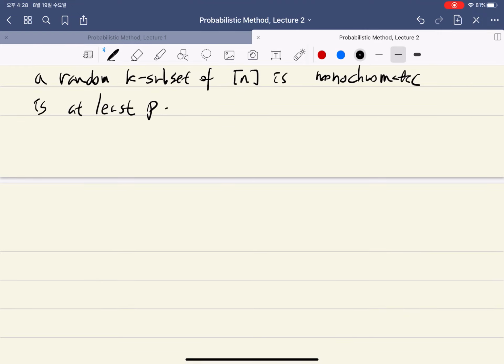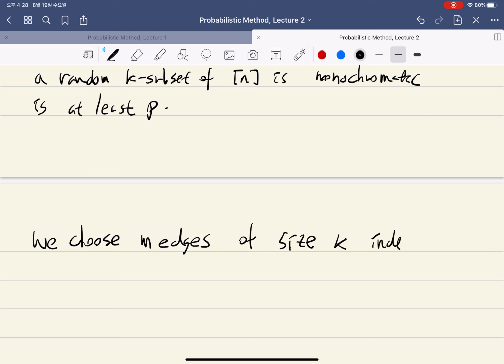So now what we do is we choose m edges of size k independently, uniformly at random, with repetition allowed. So it's okay if we choose the same edge twice.